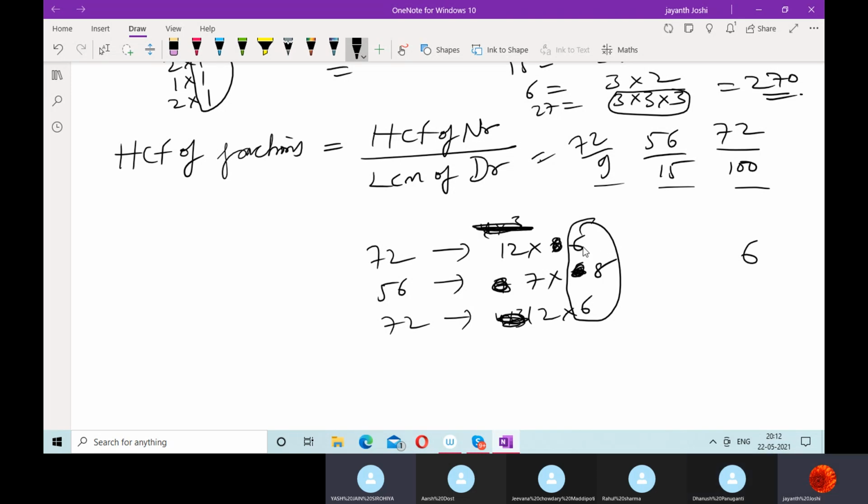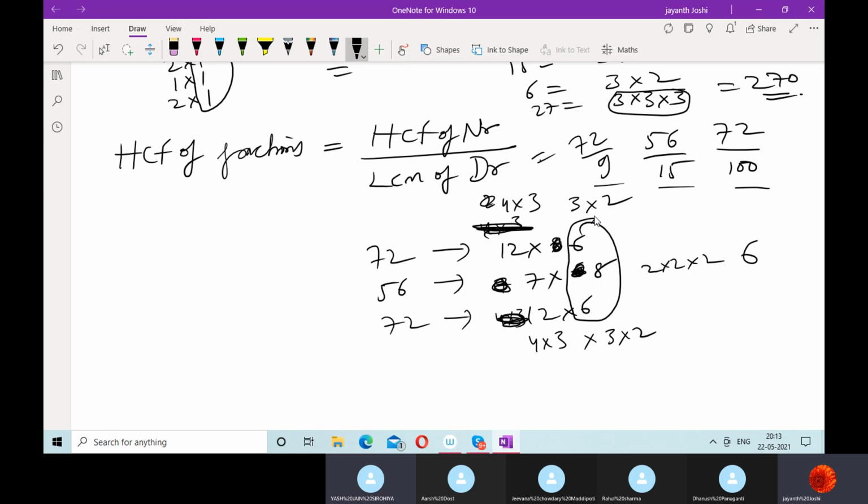So here what we can do is 4 into 3, 3 into 2, 2 into 2 into 2, 4 into 3, 3 into 2.